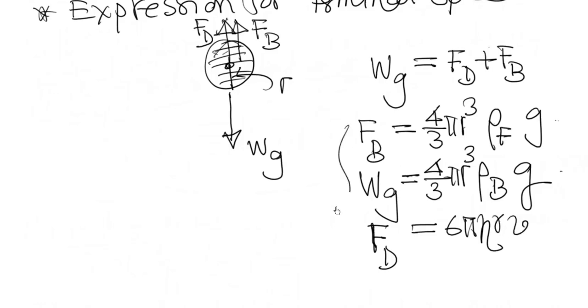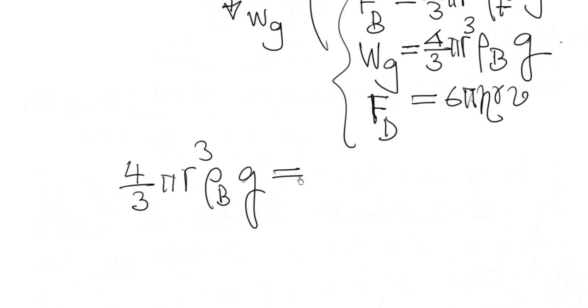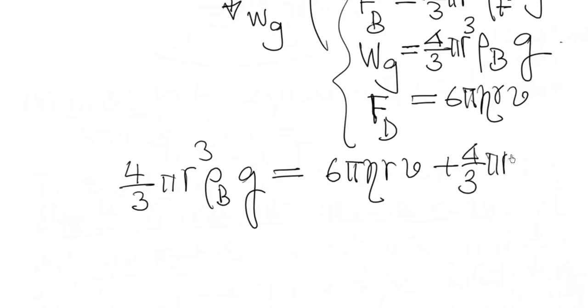Now if we apply this to this equation, then we'll have 4 by 3 pi r cube rho object g is equal to 6 pi eta r v plus 4 by 3 pi r cube rho fluid g.